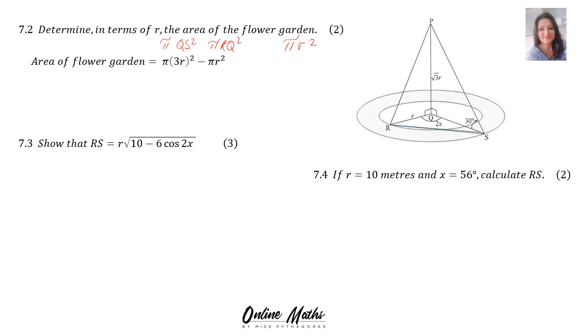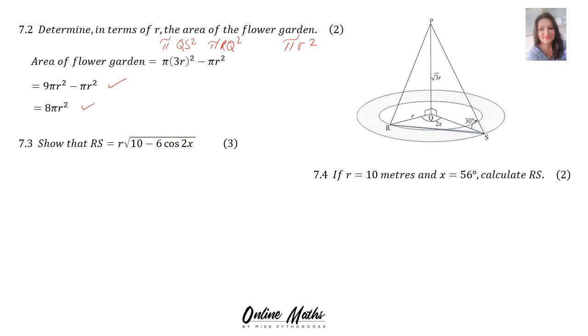So in QS's place I substituted 3r because we worked it out in the previous one, and RQ's length was given as little r. Then 3r squared is 9r squared, and we have 9 pi r squared minus pi r squared, and that is 8 pi r squared. So where's the marks? Substitution, answer.